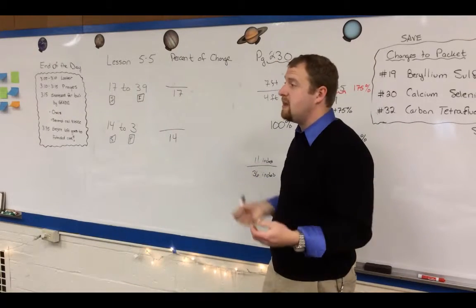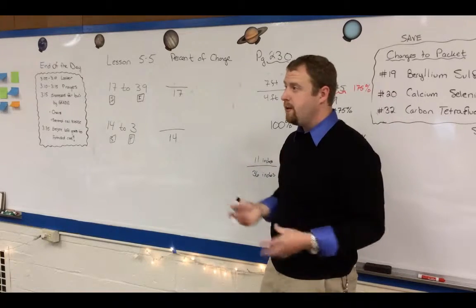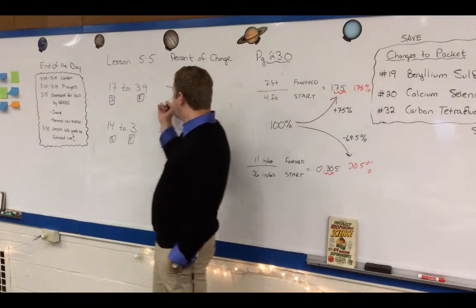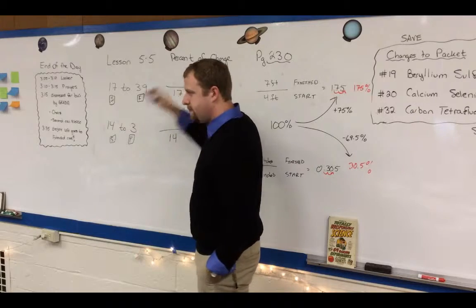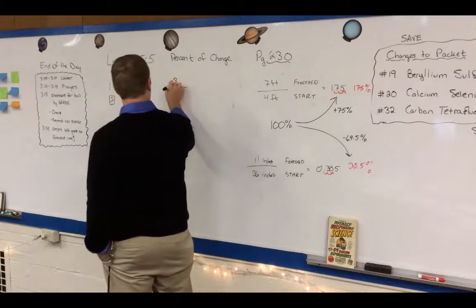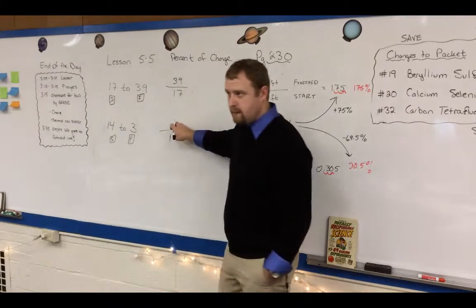They could represent anything. They could represent inches or miles or whatever. Now, what goes in the top here? 39. And what goes in the top down here? 3.